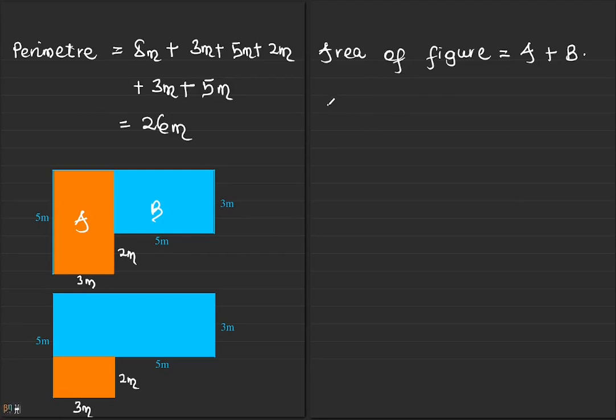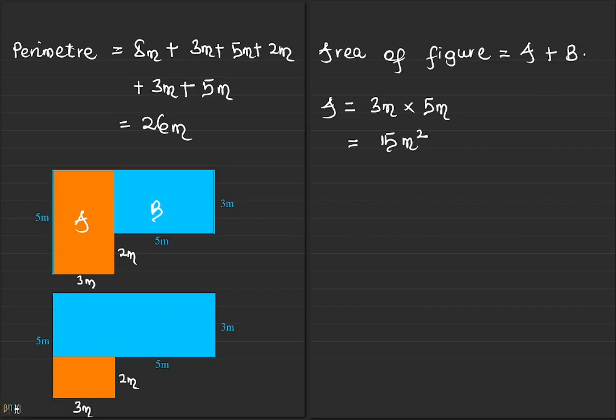So what is the area of A? A looks like a rectangle, and I'll call this its width, and this is its height. So that is a 3 meters times a 5 meters, and that gives us a 15 meter squared.